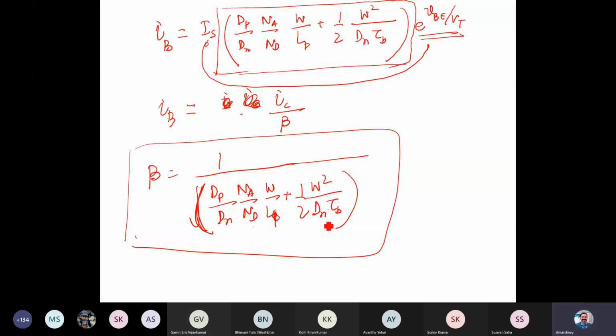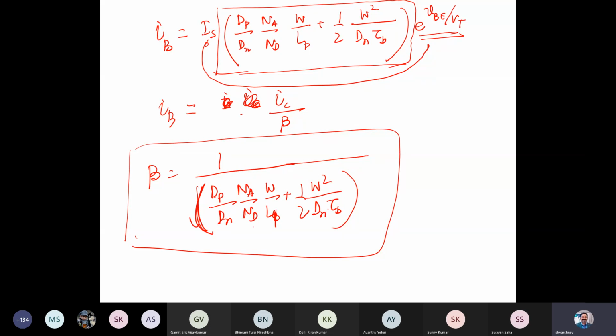DN is again the diffusivity for electrons, and tau B is the minority carrier lifetime. So this is set when you fabricate. We call this beta the common emitter current gain. It is important to understand that this number may vary, so all devices may not be identical.